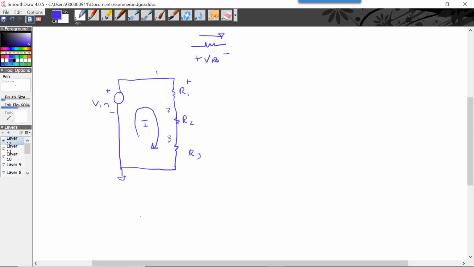So even though this is going in a loop, the current is going that way, current is going that way, current is going that way. So I get VR1 plus minus, VR2 plus minus, VR3 plus minus. And now I can use Ohm's law on each of these to relate it to current, right? So VR1 equals I R1, VR2.